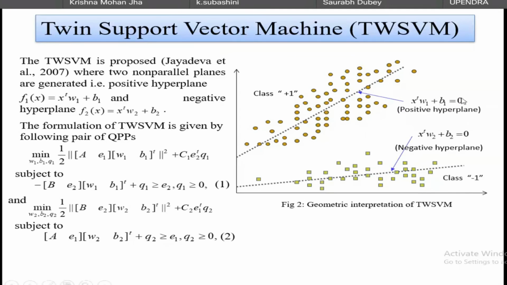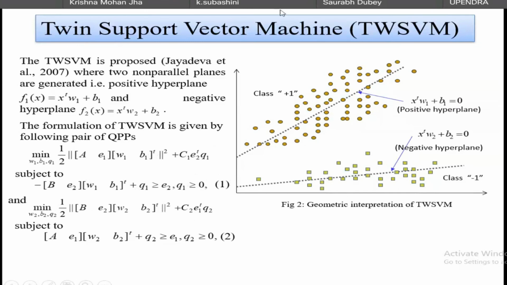So here you will see we have to solve this particular problem, that is one problem, and we also solve this particular one, that is the second problem. Because we have two kinds of problems, that's why it's called the twin support vector machine.